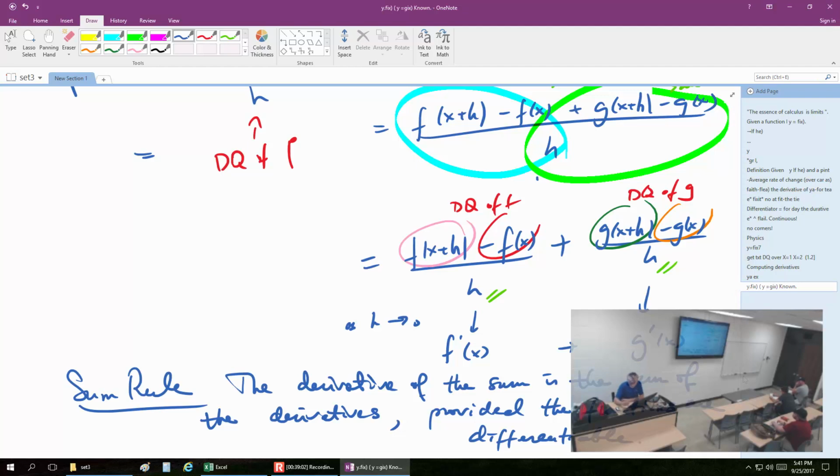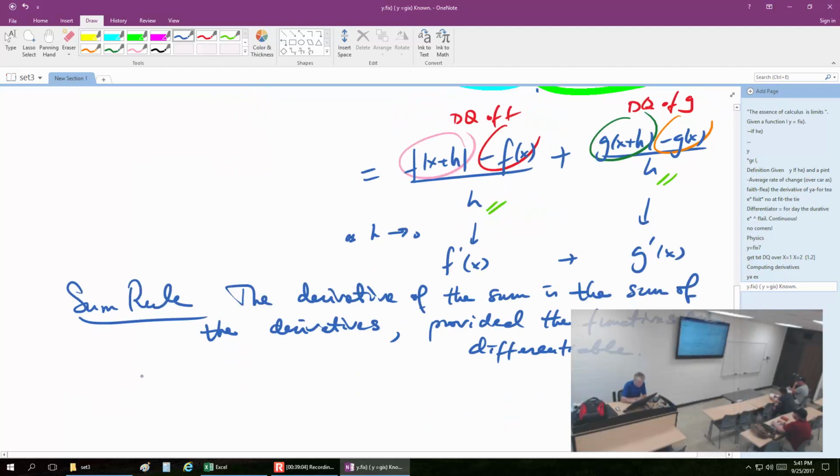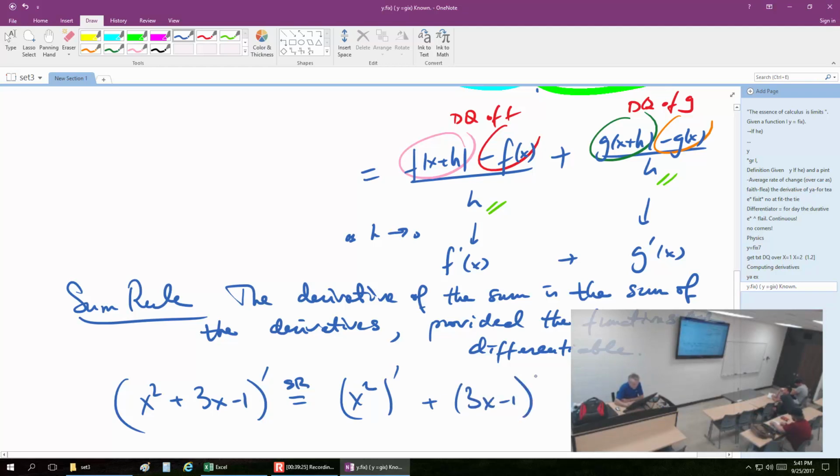Now, as an example, a very simple example, I will say x squared plus 3x minus 1. If I am to compute the derivative of this function, then I could actually use the sum rule of derivatives, because I have two simple functions here, x squared, which is quadratic, and the other one is linear.